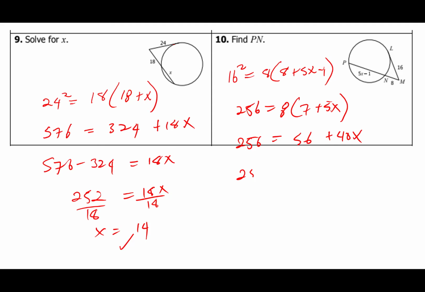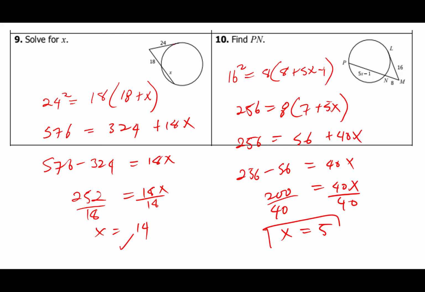So I'm going to get 256 equal to 56 plus 40x. I could just simply subtract 56 at this point. Then this here is going to be 200 equal to 40x, divided by 40, divided by 40. I'm going to get x to be equal to 5. And then that completes that problem.